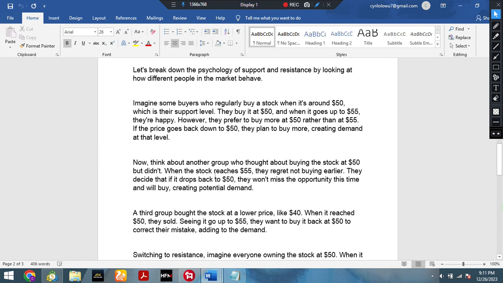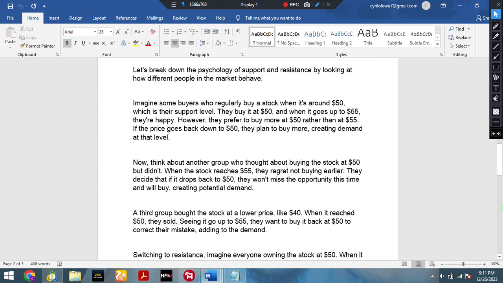So now imagine some buyers. Now think about another group who thought about buying the stock at $50, but didn't. When the stock reaches $55, they regret not buying earlier.